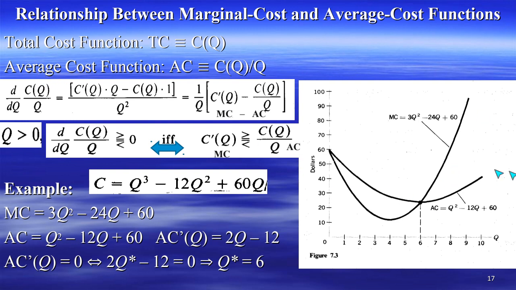This one, the average cost curve. So Q is always positive. It doesn't change the sign. What does change the sign? It is the difference, marginal cost minus average cost. If marginal cost, you see, if marginal, here we have the general rule, the general result, if you wish.